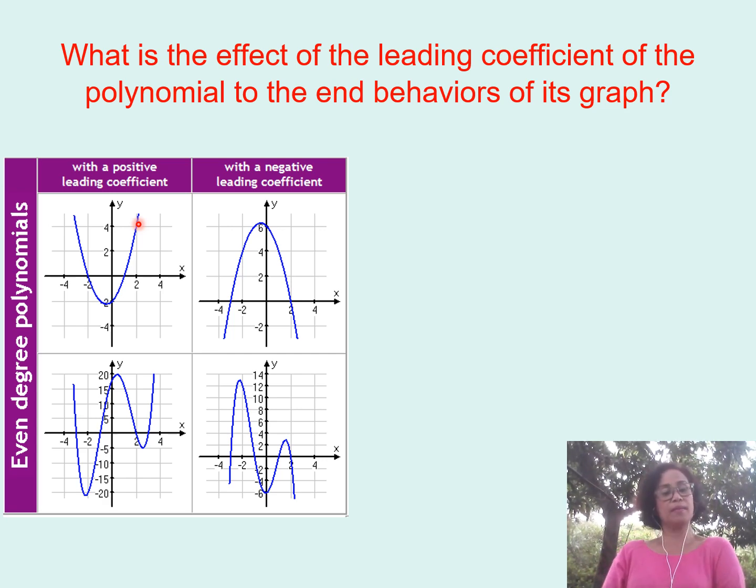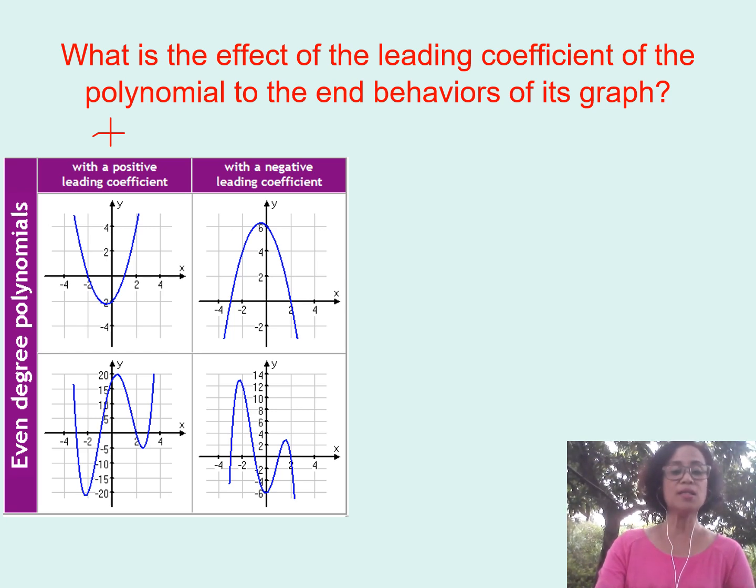Now, after determining its degree and that it is even, these are the general rules. We start with what if the leading coefficient is positive, like in the example, it is positive 3. How will the ends of the graph behave?